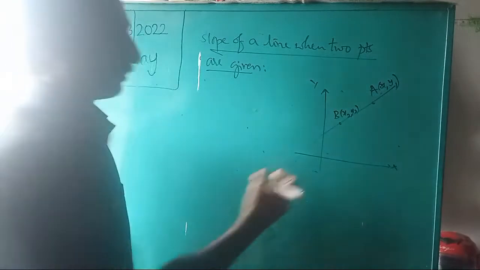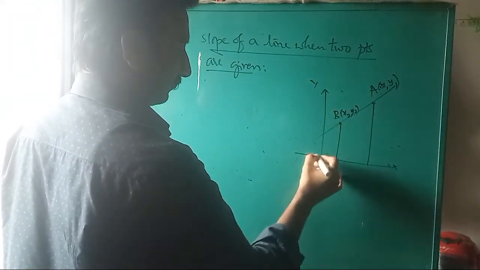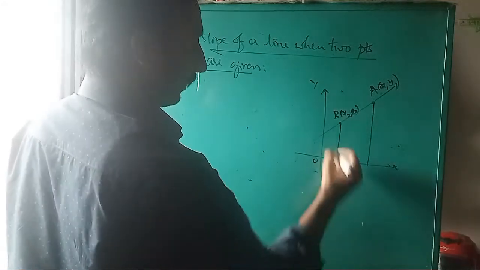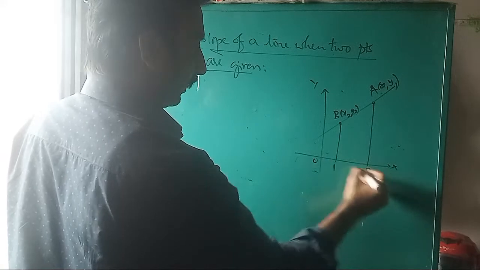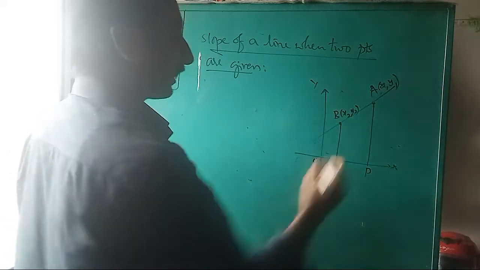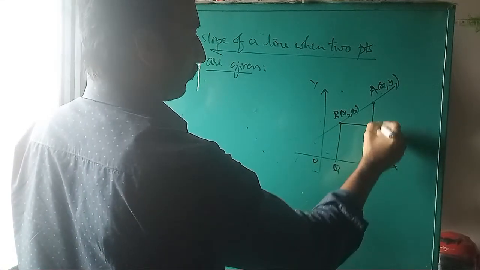Let us draw the perpendicular lines to the x-axis, AP and BQ. Then draw one more perpendicular line, this is BR.